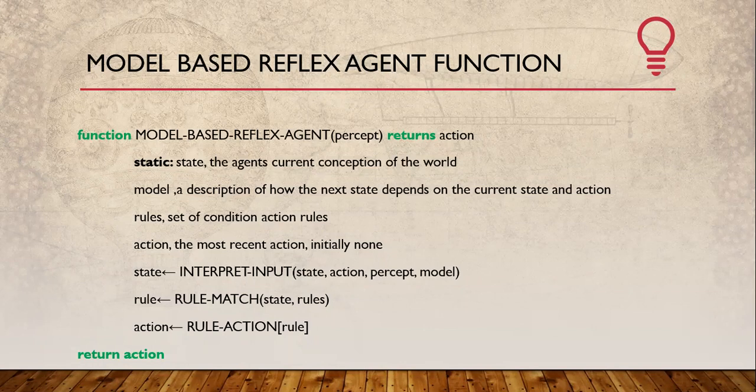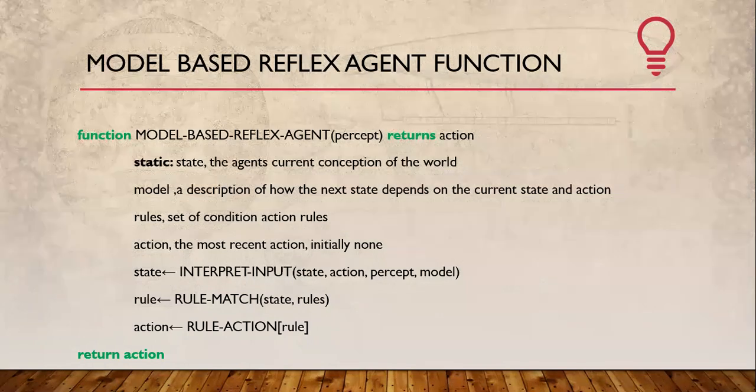As of now it is in the current state, but how the next state depends on this state also. Then of course it will have rules, that is, a set of condition-action rules. And of course it will have action, the most recent action, initially none. Until the agent has started working, the action will be none.